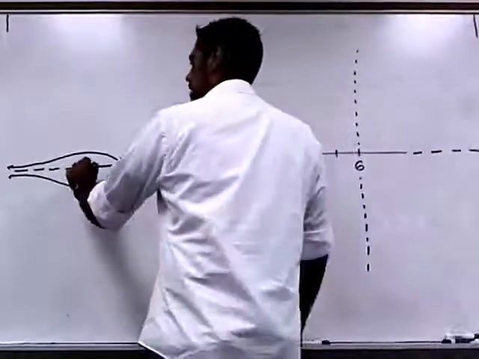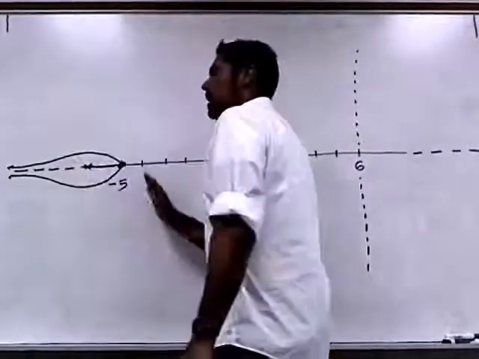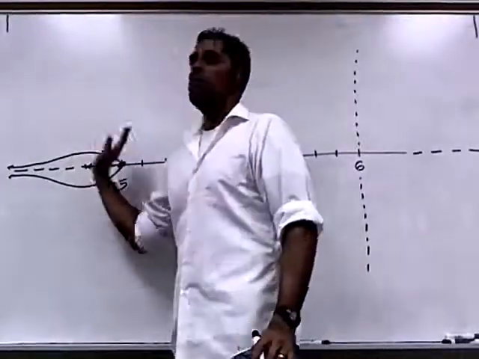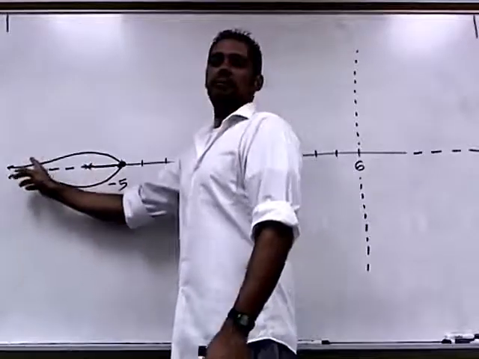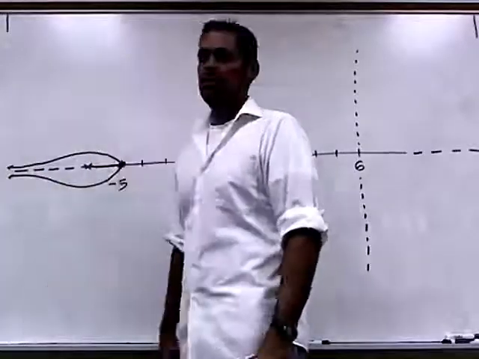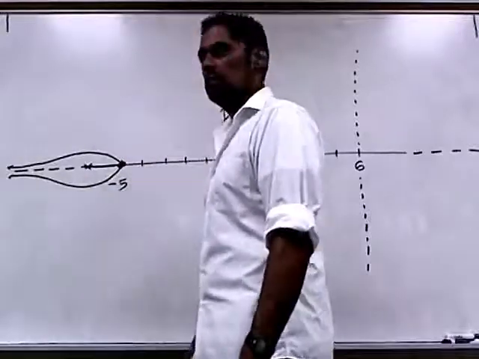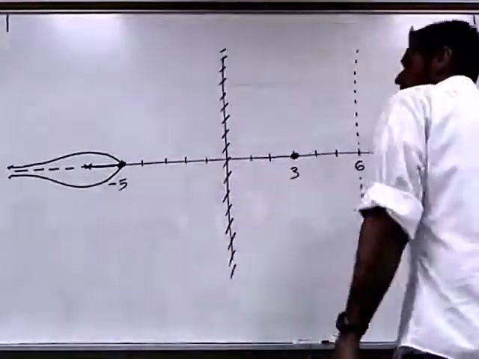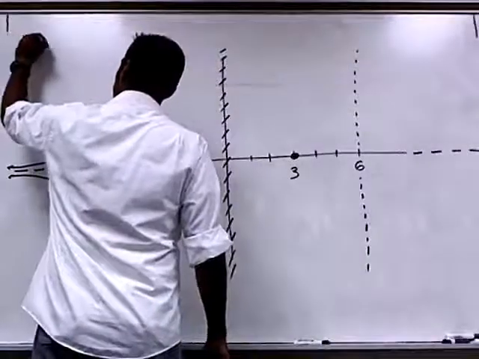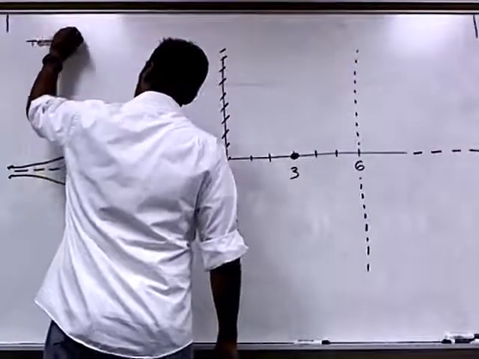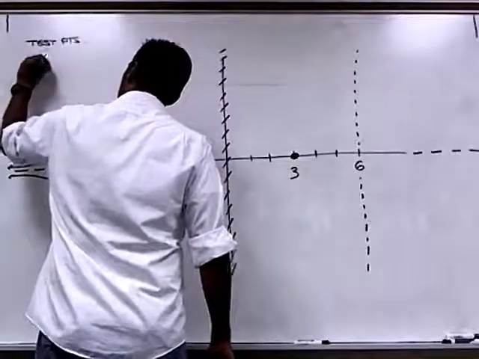So I'm going to have to pick a test point right here. And it can be any point, any number to the left. You can pick -6. You can pick -10. You can pick -30. Doesn't matter. Okay, so I'm going to pick -6. So I'm going to test -6. F of -6.